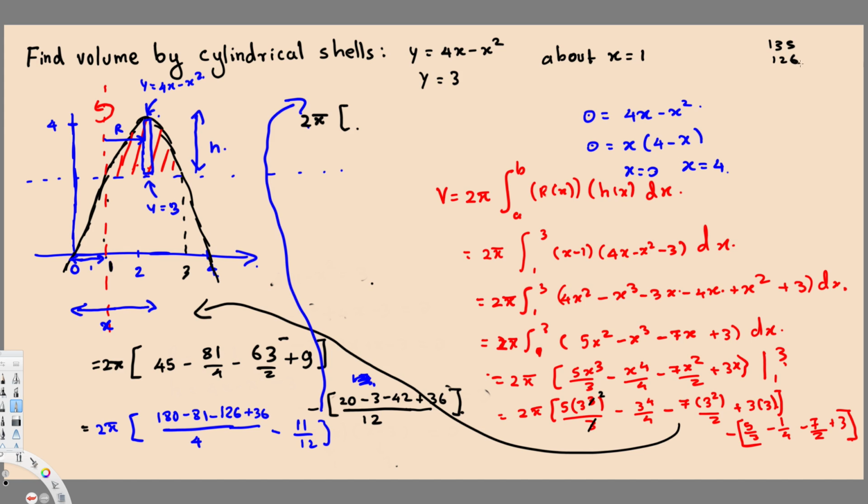So if we add 9 to this 126, that's going to give us 135, so this is going to be just 9, right? So 9 over 4 minus 11 over 12.